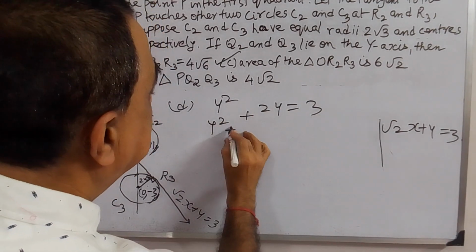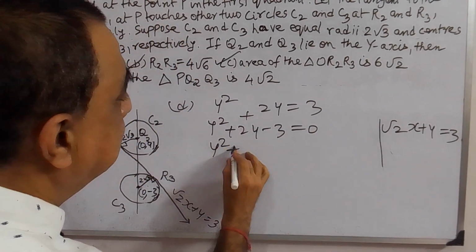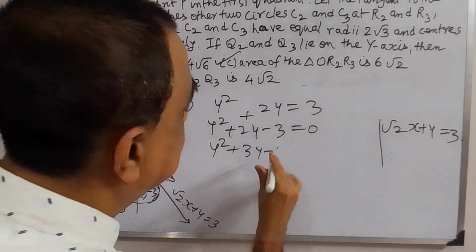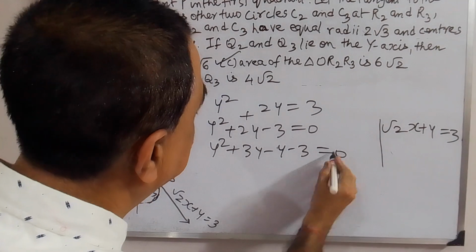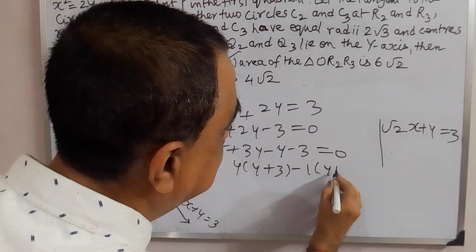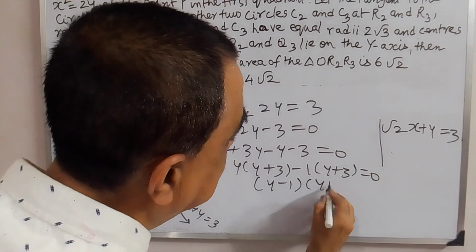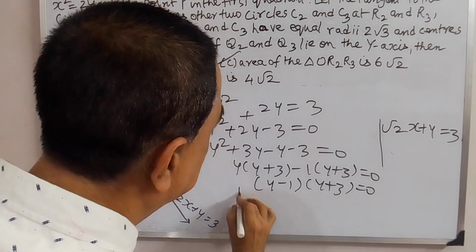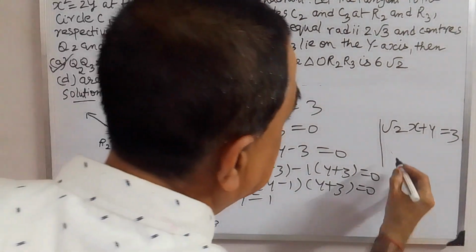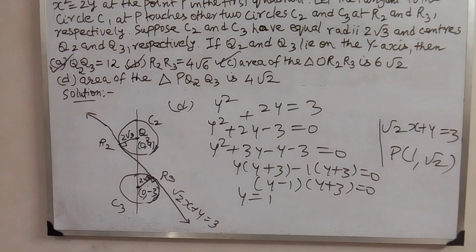So y squared plus 2y minus 3 is equal to 0. So y squared plus 3y minus y minus 3 is equal to 0. So y into y plus 3 minus 1 into y plus 3 is equal to 0. So y minus 1 into y plus 3 is equal to 0. So y we have got is 1, and x is root 2. So here it is (root 2, 1). So that is the point P.